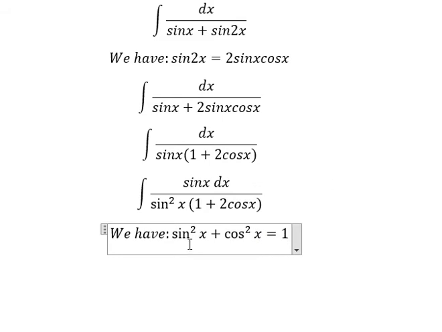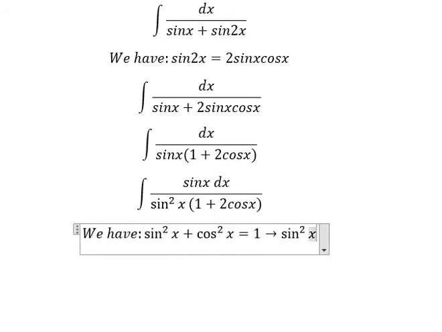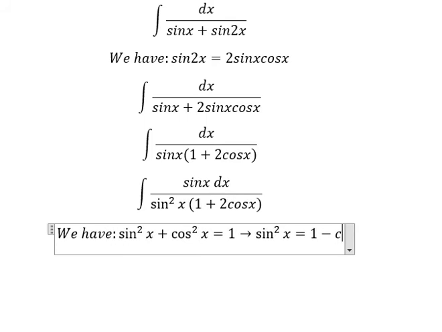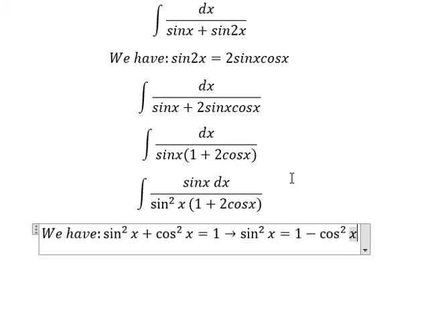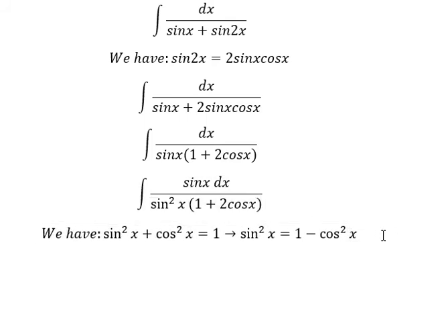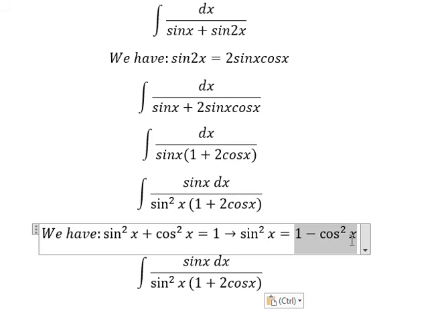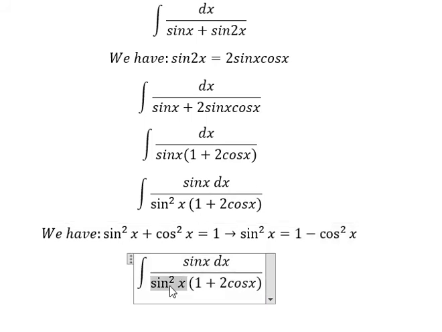This is about trigonometric identity. So we put this one go to the right. We have 1 minus cosine x squared. So we put this one go in here.